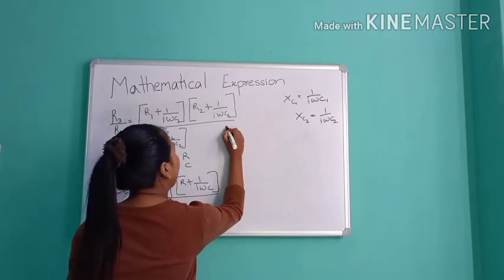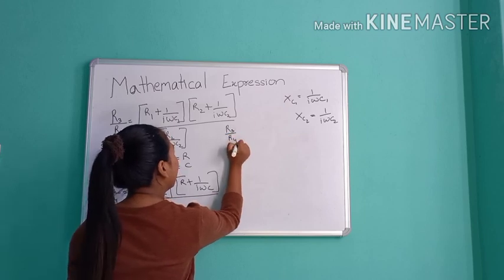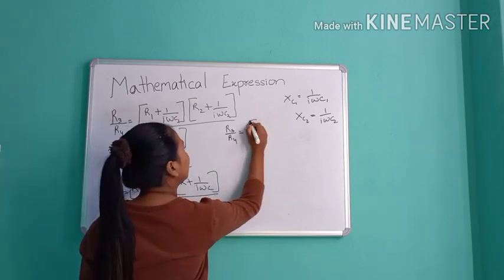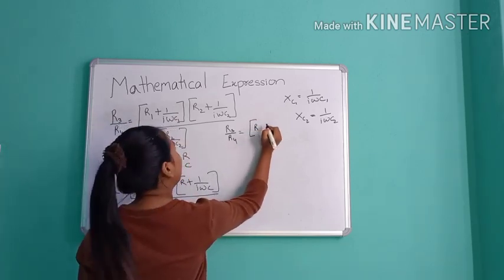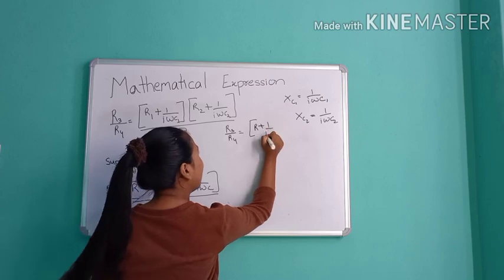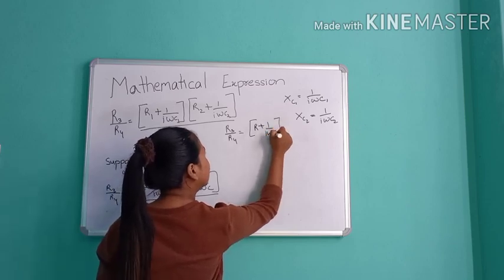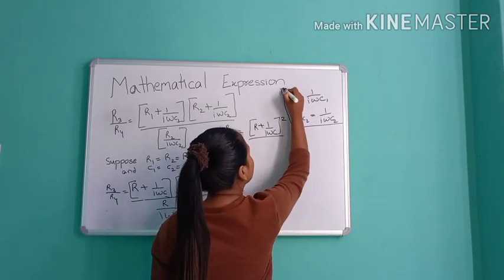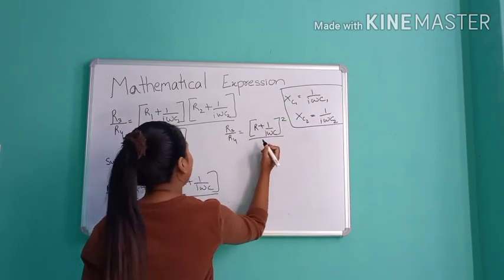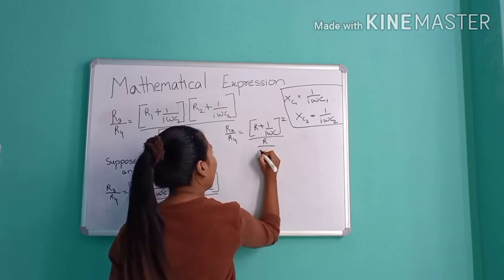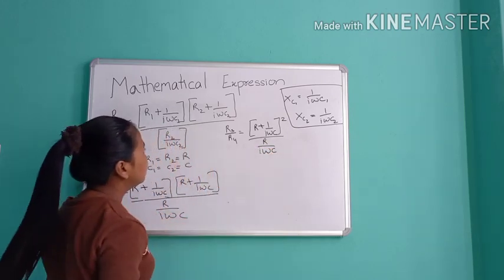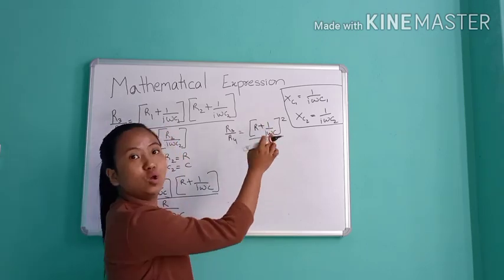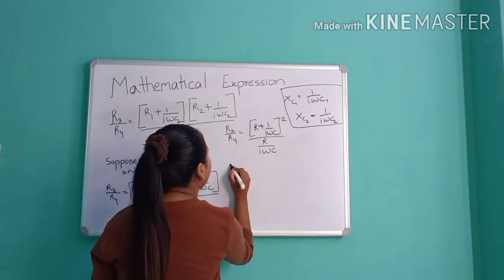Now R3 by R4 equals, these are common, so it will be R plus 1 by iota omega C whole square by R by iota omega C. Now we will use the formula of A plus B whole square here.